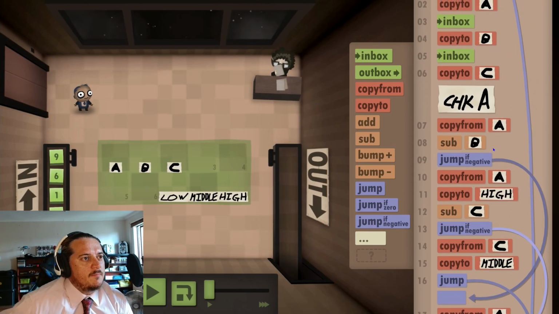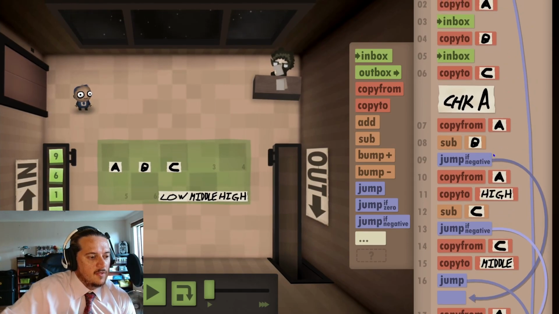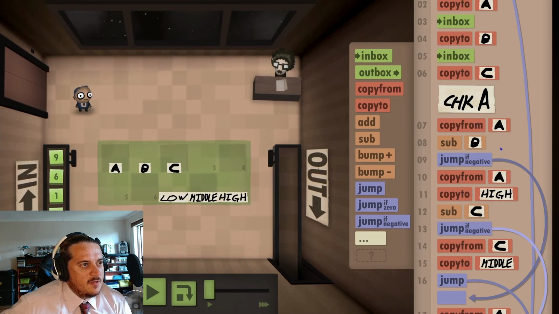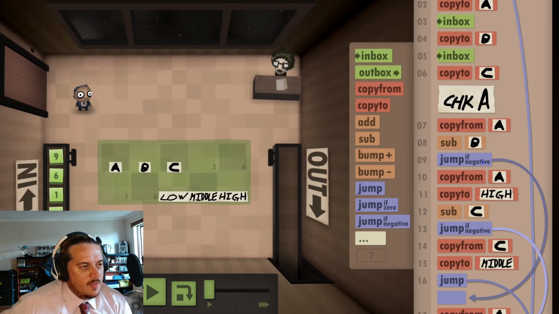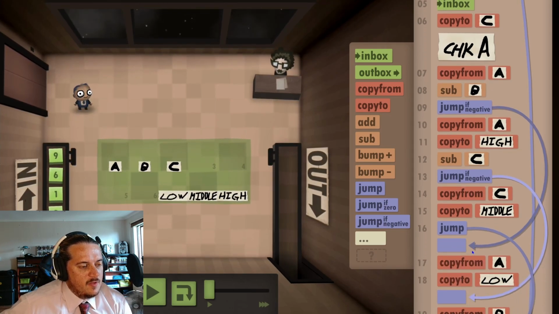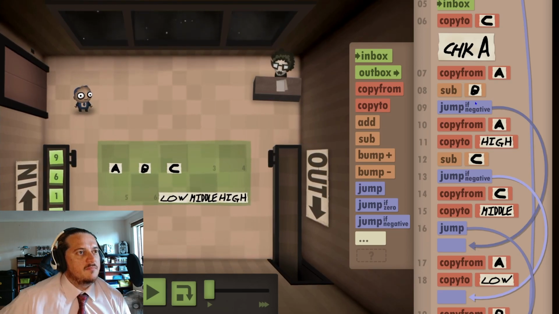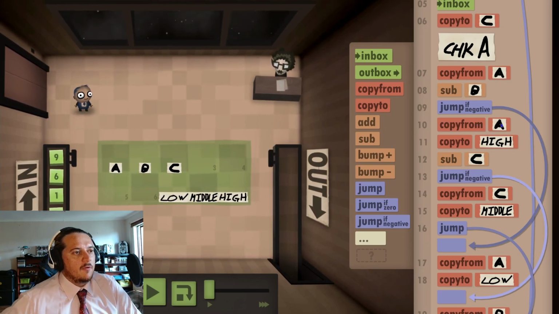Oh, this is a head scratcher. Let's see. So we've got copy from A minus B. If it's negative, then I want to put B in the low block, and I'm going to come down to the negative calculation. If it's positive, then I'm going to put A in the high block.